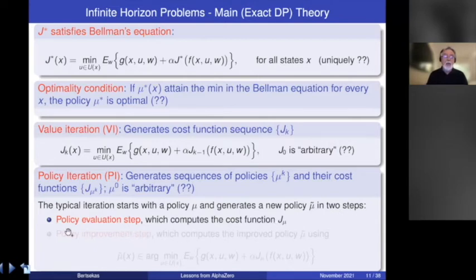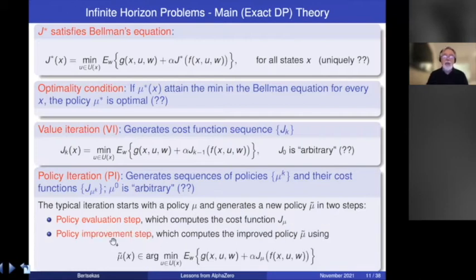In two steps, there's a policy evaluation step that computes the cost function J mu, and there is a policy improvement step that calculates the improved policy by doing for every x this minimization, which is the same minimization as in Bellman's equation, except that we use J mu, the cost of the current policy, in place of J star.